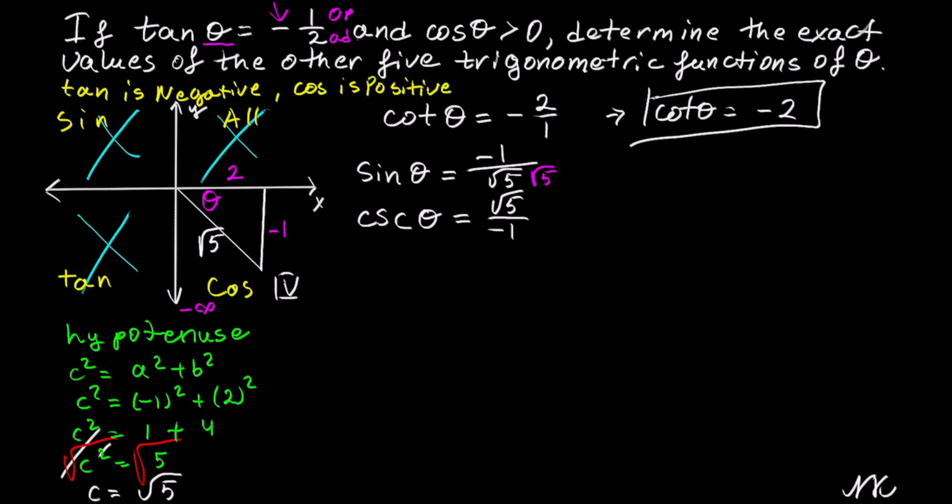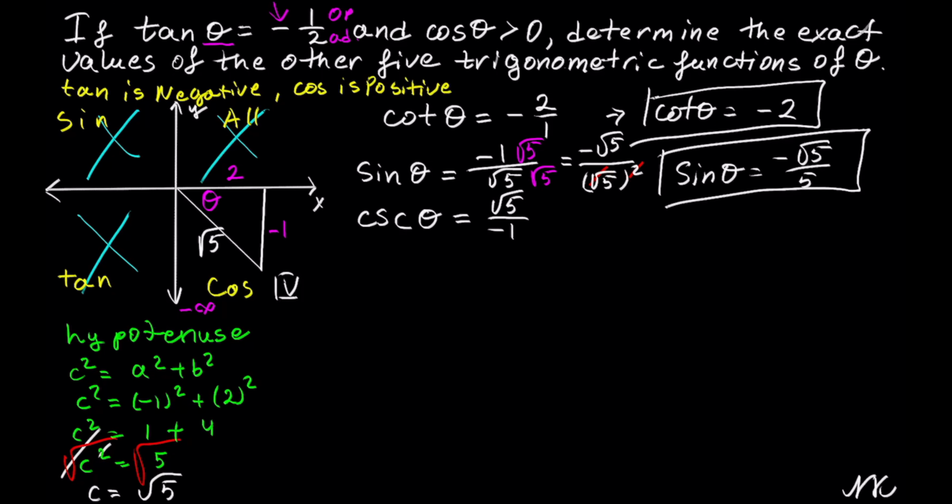Whatever we multiply the denominator by, we need to do the same thing to the numerator. So times radical 5. This gives us -1 times radical 5. We get negative radical 5 in the numerator out of radical 5 to the second power in the denominator. Square root and the second power will cancel, and we get that sine of theta is equal to negative radical 5 out of 5. So this is our sine.